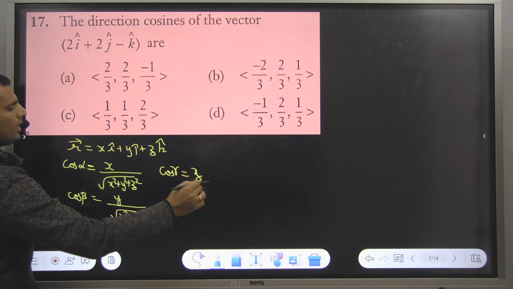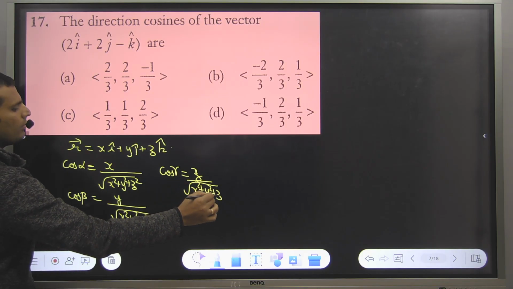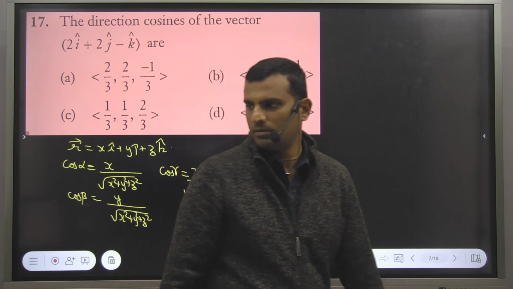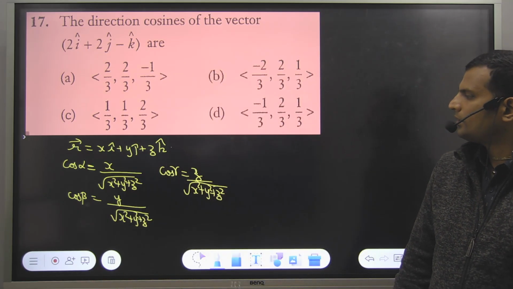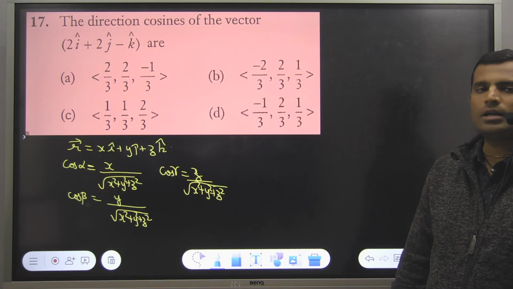Now based on this, can you tell me which is the right answer? Use the poll, everyone. How many of you are getting answer as option A?